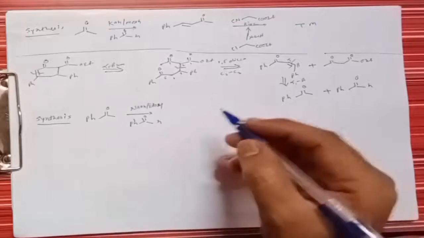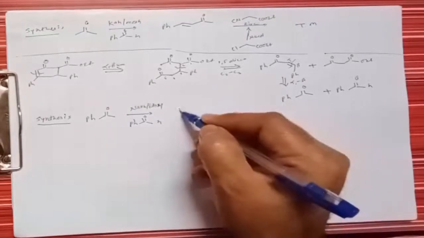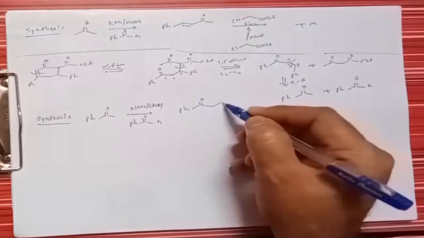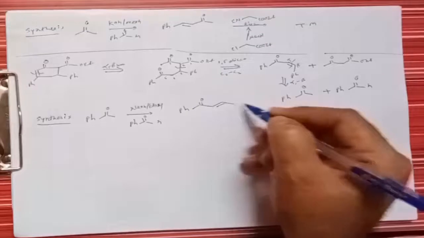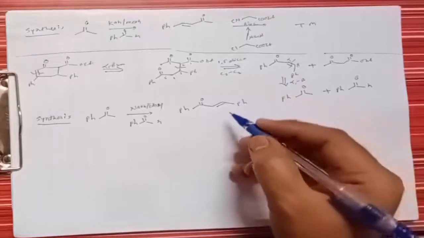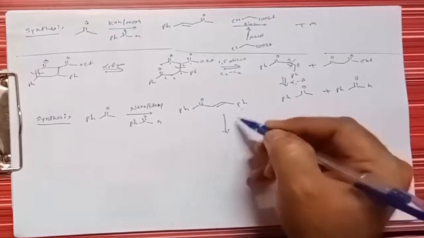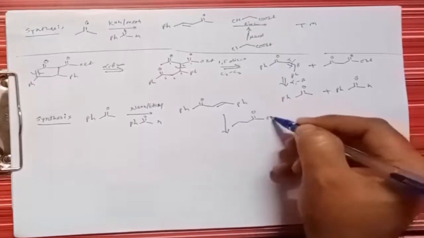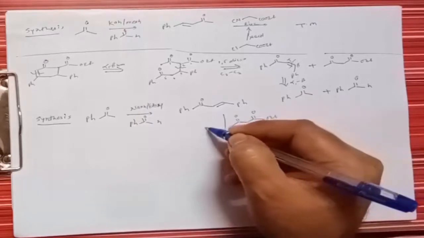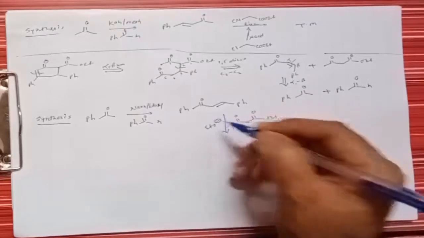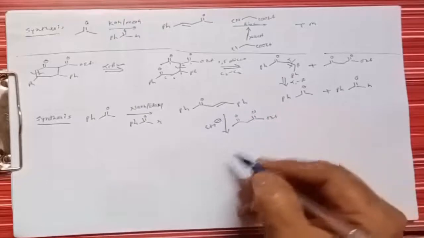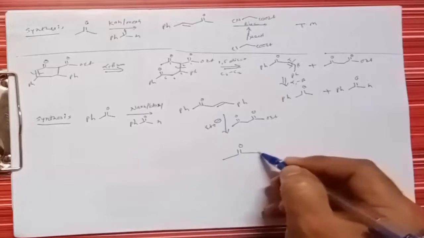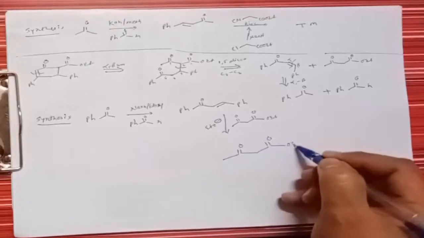It gives formation of benzylacetophenone, Ph C double bond O CH2, then here is Ph, that is benzylacetophenone. When this benzylacetophenone is treated with ethyl acetoacetate in the presence of a base, that is sodium ethoxide in ethanol, what does it give? It gives formation of a compound like this, with OEt.